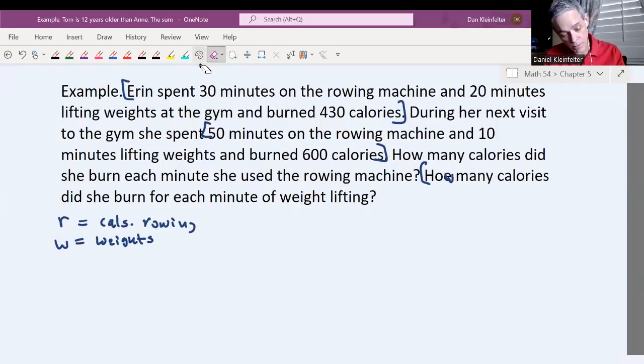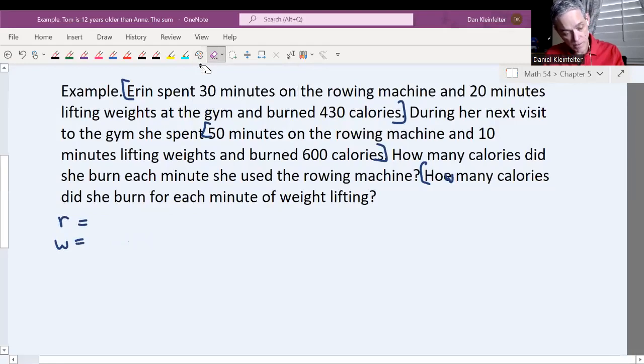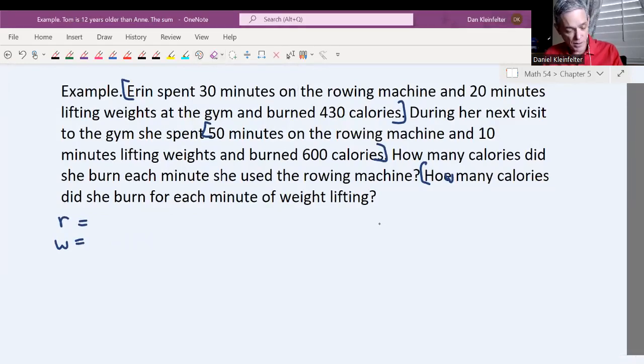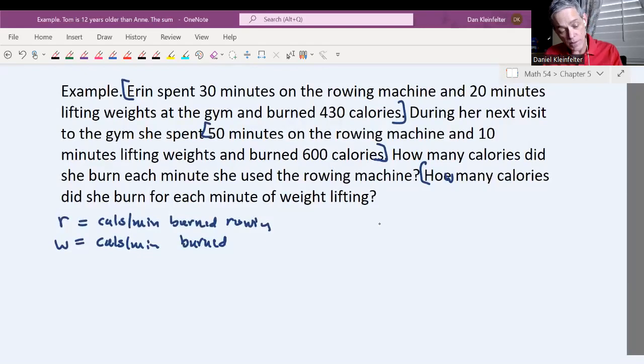And I should be more explicit about that, just so we're clear. So this is calories per minute burned rowing. And then this is calories per minute burned on weights.